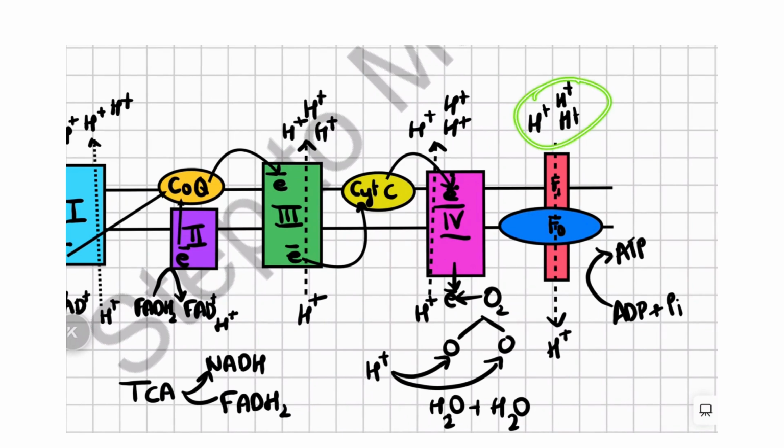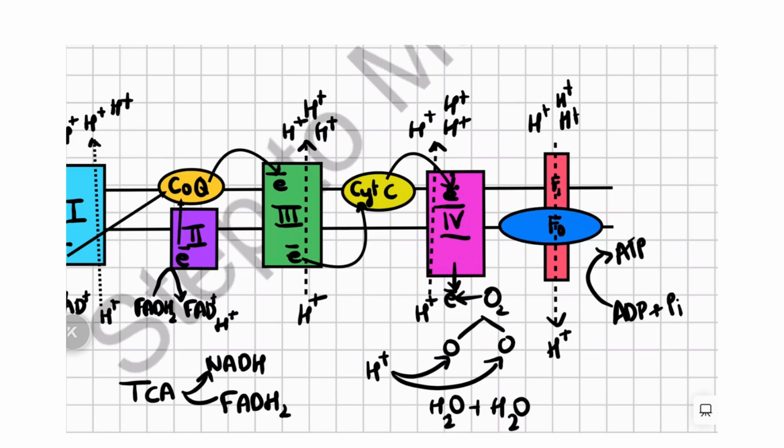So the hydrogen ions actually re-enter the matrix, but with the energy produced, ADP molecules join with phosphate ions and form ATP. And this is the whole process of oxidative phosphorylation.